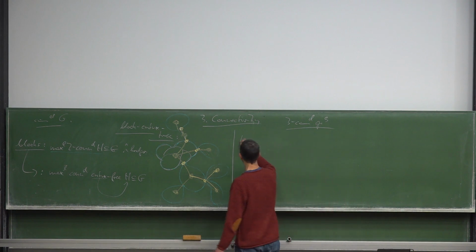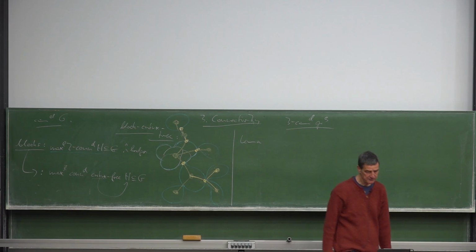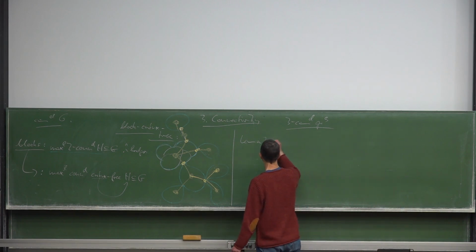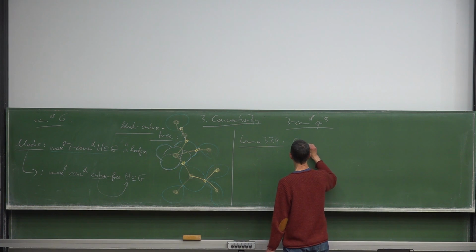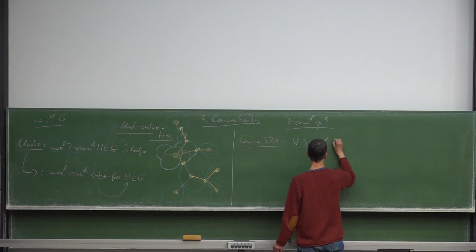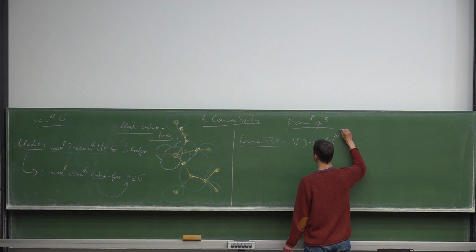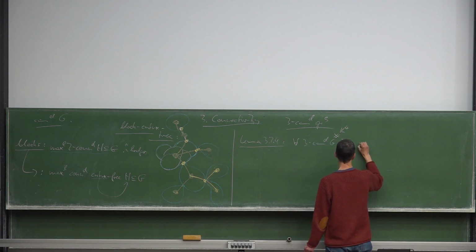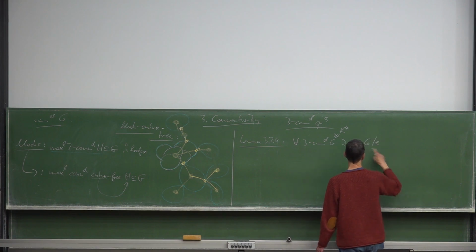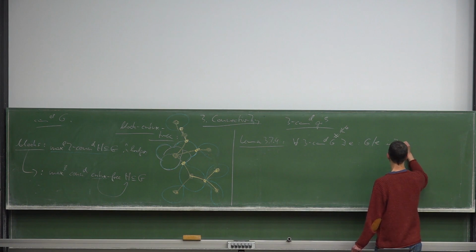Lemma: for every three connected G that isn't a K4, there exists an edge such that G with that edge contracted is still three connected.